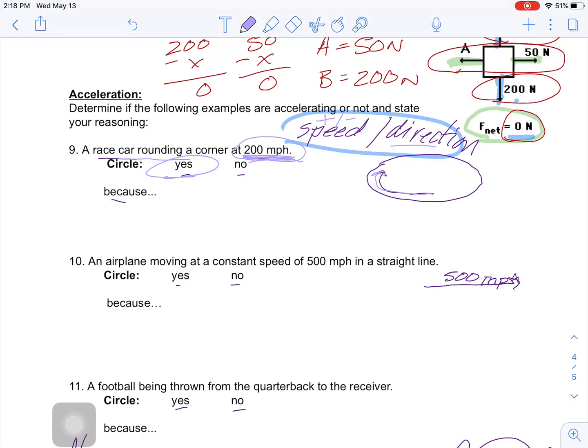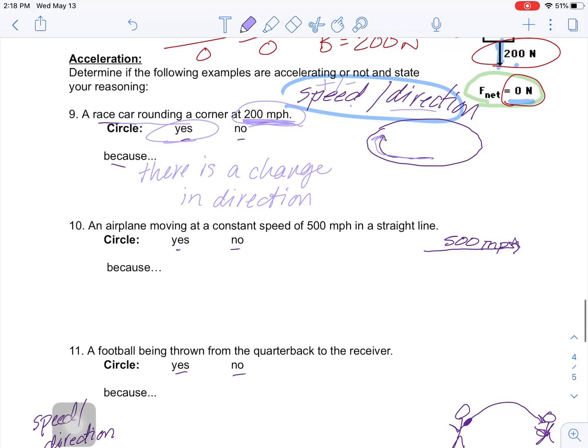So yes, this is definitely going to be acceleration. And we wanted to use the words speed and direction in the because. So we could say something about because there is a change in direction. Right? It only has to be one of those things changing. So even though the speed is not changing, still considered acceleration.